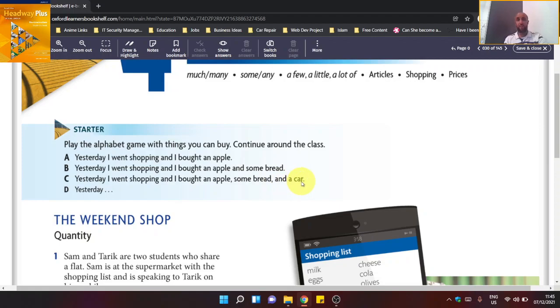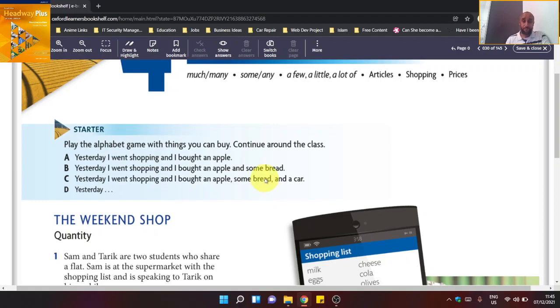Mashallah, they have a lot of money. I will do one more: yesterday I went shopping and I bought an apple, some bread, a car, and a computer. There you go. This is an example of what we did yesterday.